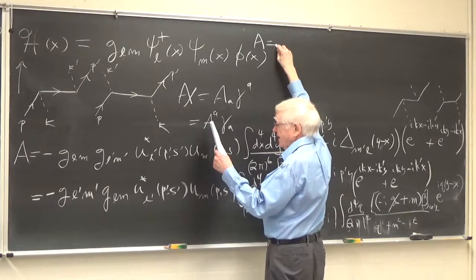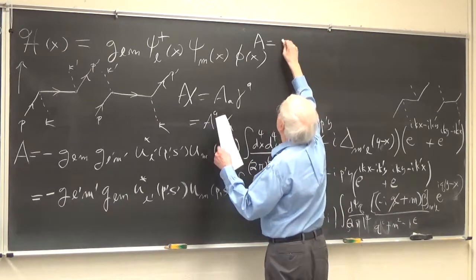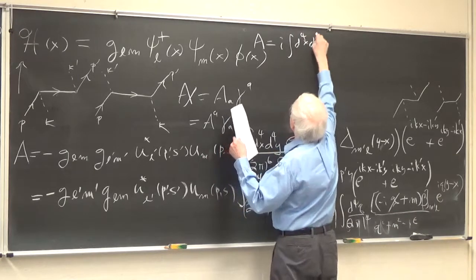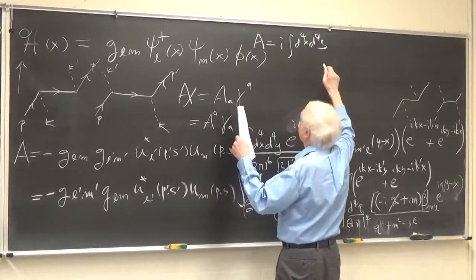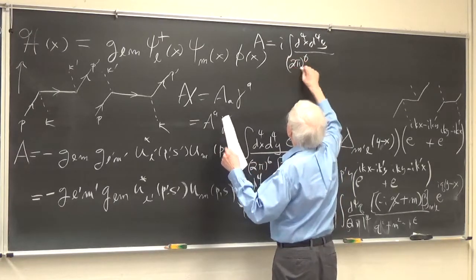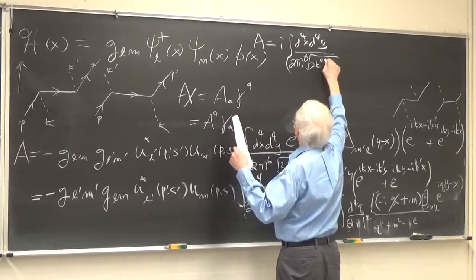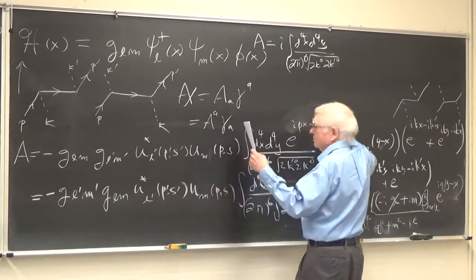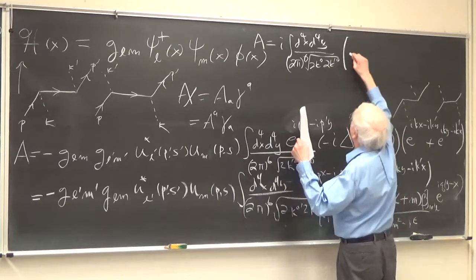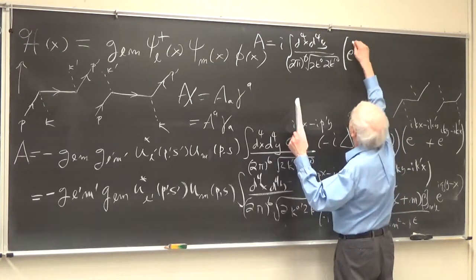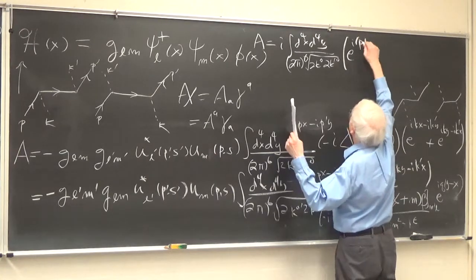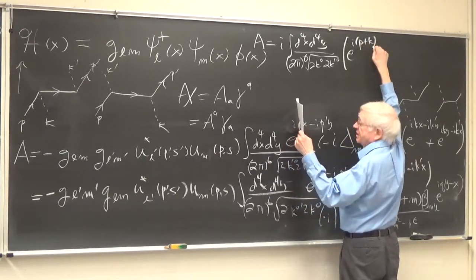I'm going to factor out the minus i. It becomes i integral d fourth x, d fourth y, 2 pi to the 6 root 2k0, 2k prime 0. I should have multiplied the exponentials together earlier. It would have made things clearer for everybody.